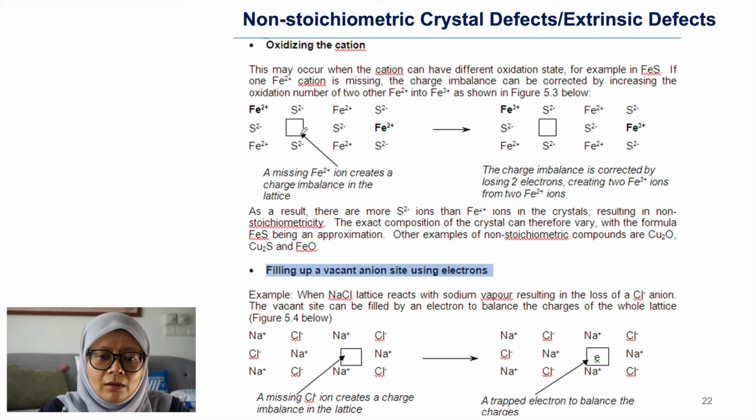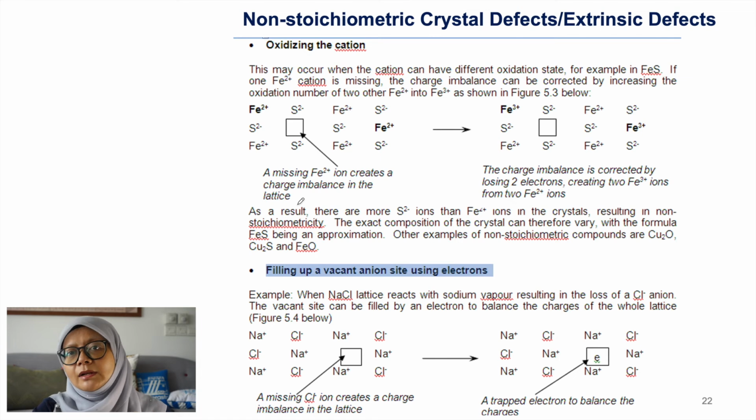So one missing iron 2 ion creates a charge imbalance in the lattice. What happens is that iron 2 oxidizes itself to become iron 3 here and also here, in order to balance the lattice. The charge imbalance is corrected by losing 2 electrons from here and here, creating 2 iron 3 ions from 2 iron 2 ions.